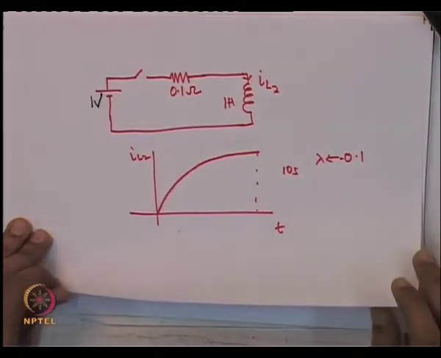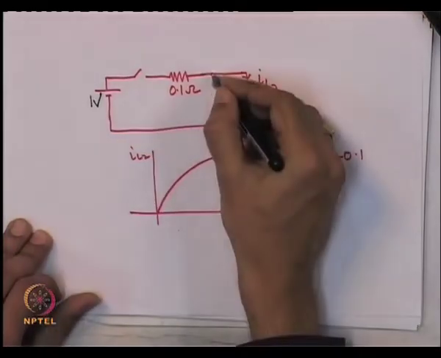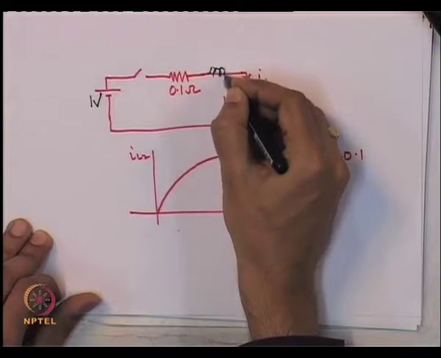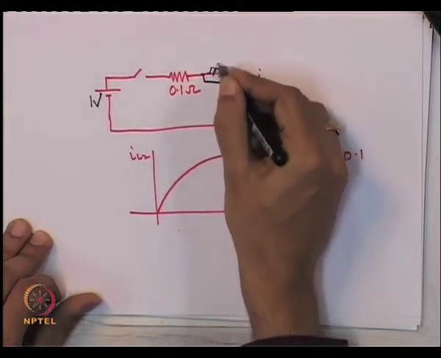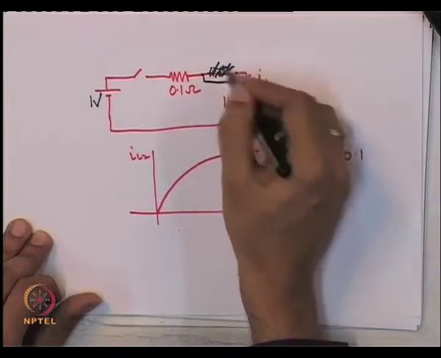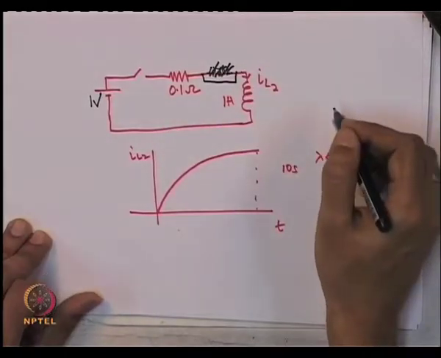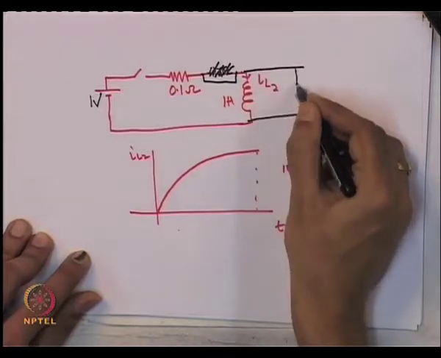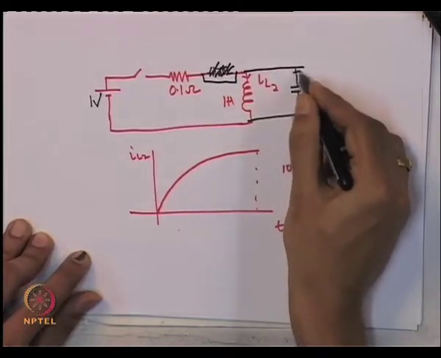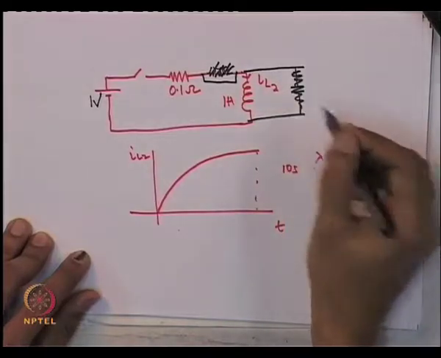Now, what we really have done is, there was an inductor here, but it was a very small value. So, we assume that it goes into steady state right away, so it is algebraically related to the current here, and we also have a capacitor here, which we have basically said is open circuited.